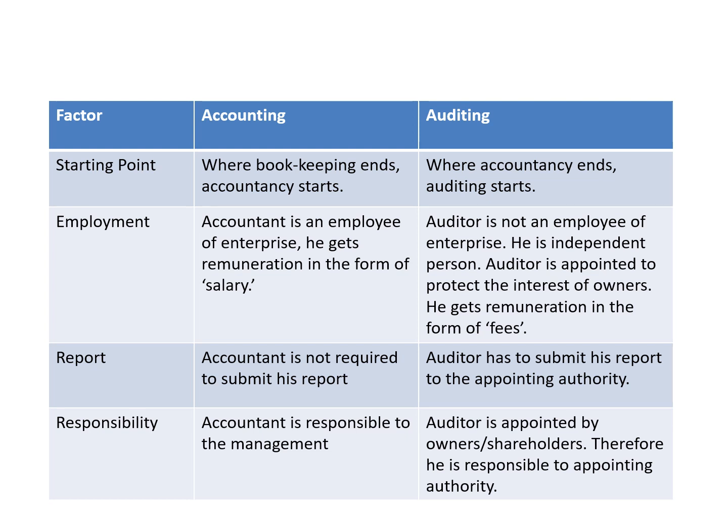But it is noted that auditor is required to submit his report to the appointing authority. If the auditor is appointed by the members, it is the duty of the auditor to give his work report to the members.